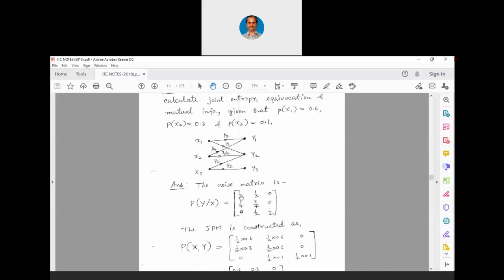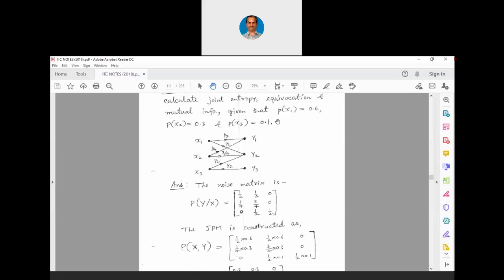The conditional probability into the source symbol probability is going to be the joint probability as per our definition. Coming to x2, 1/4 into 0.3, 3/4 into 0.3, because P of x2 is 0.3, lastly 0. Coming to x3, the first element is 0, next element is half into 0.1, next half into 0.1.